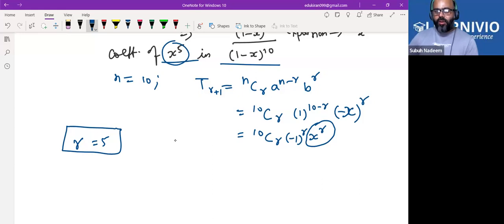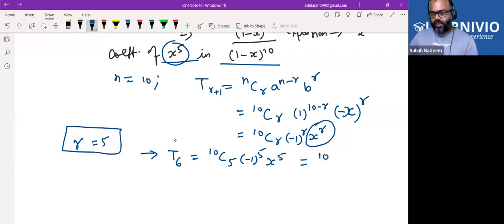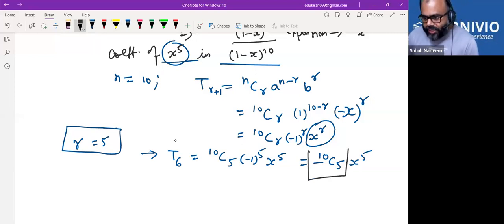So now we can say that r is 5. So T6 is equal to 10C5, minus 1 to the power 5, and x to the power 5. So it is 10C5 with a minus sign, because minus 1 to the power 5 is minus 1, x to the power 5. So the coefficient which we got is minus 10C5.